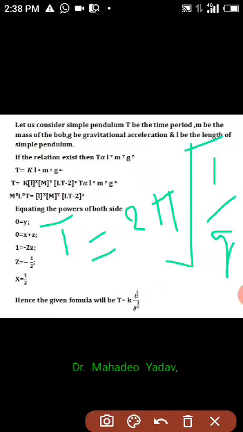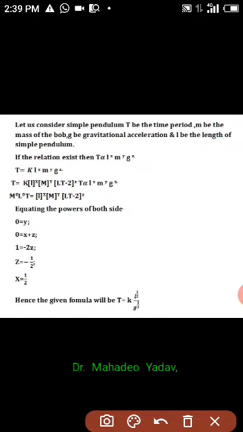This will be the value. Therefore, with the help of dimension, we can find a simple physical formula.